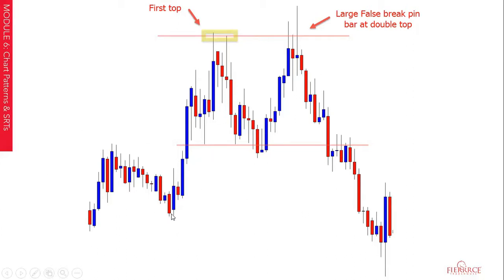So, and we continue. So we dropped, formed a support, pushed up, okay, and then formed a bit of a resistance and then pushed lower and took out this support level and pushed even lower, forming a lower support, and then finally pushed up again back into this area, into this zone, okay?